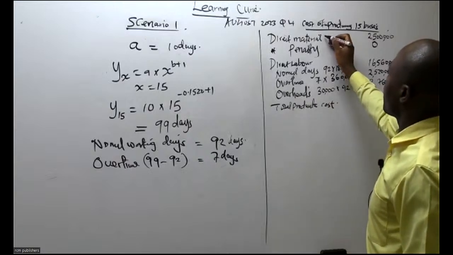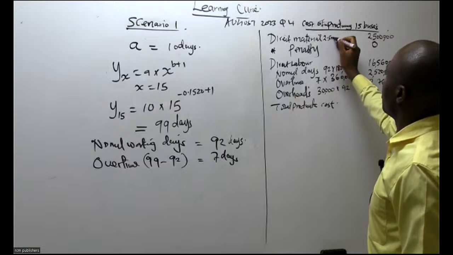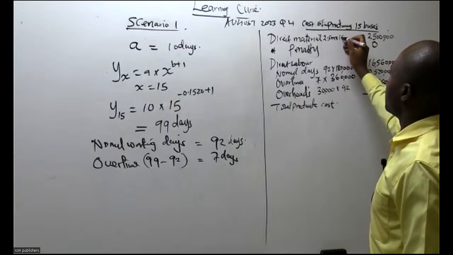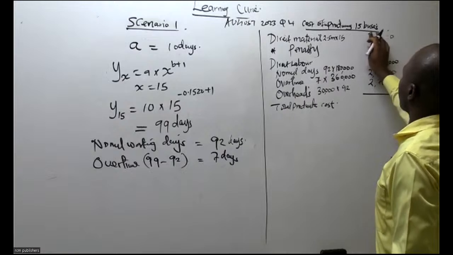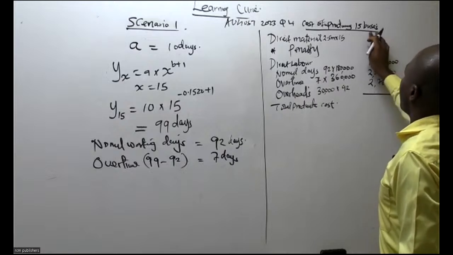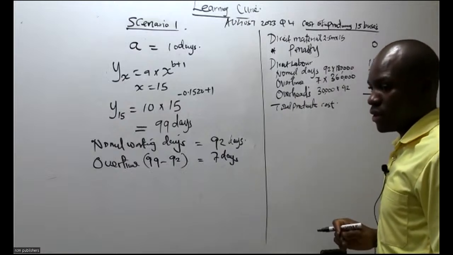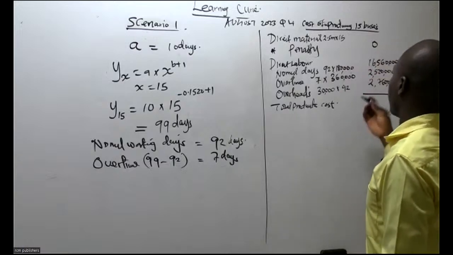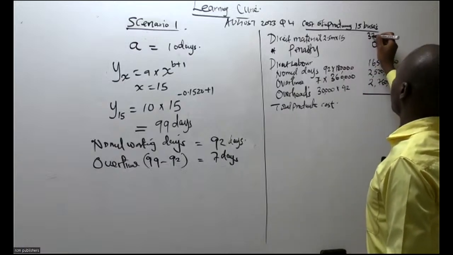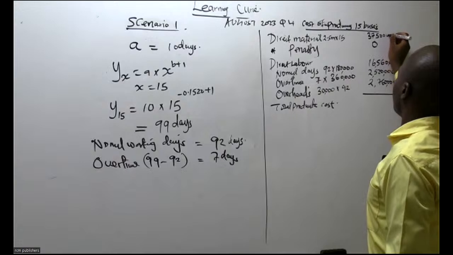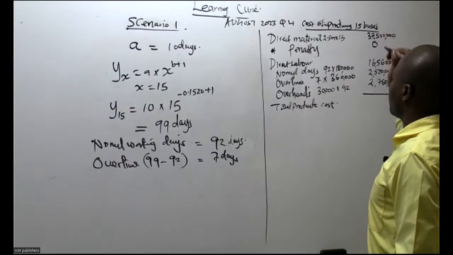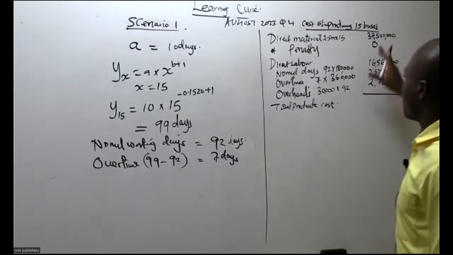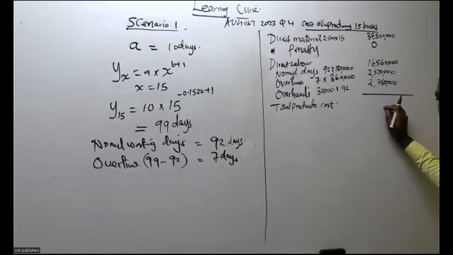It is 2.5 million for each bus and there are 15 buses. So how much will we have here? 37,500,000. So you have to be keen on that. Now, if you add it, what will you have?